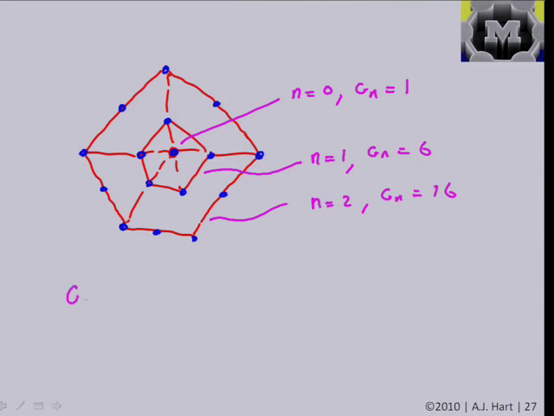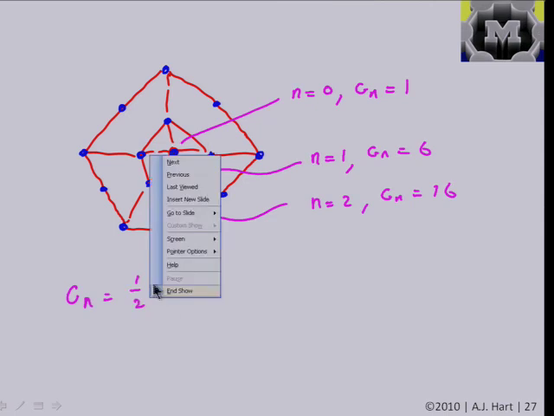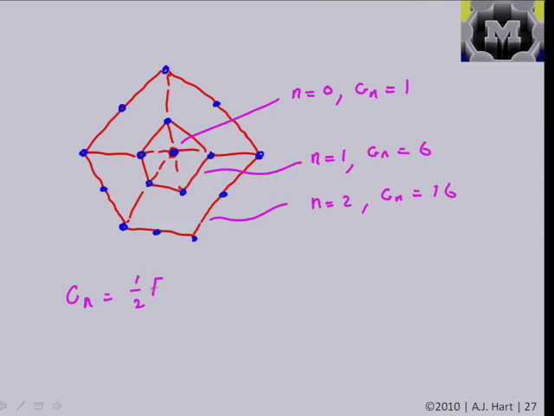So if I looked at the formula again, it would be 1/2 Fn squared plus 1/2 Pn plus 1.